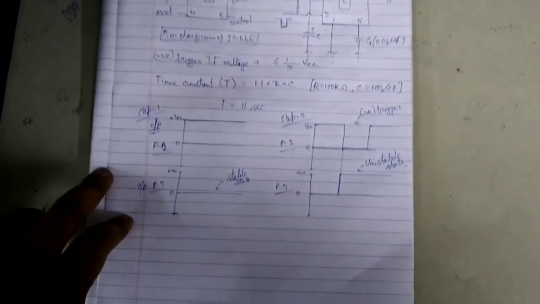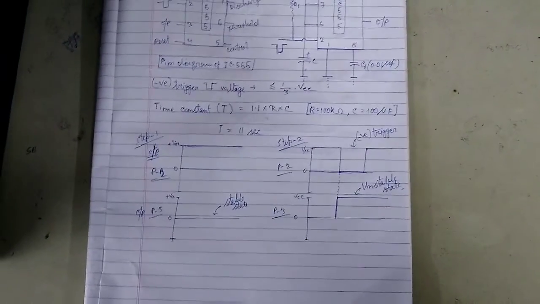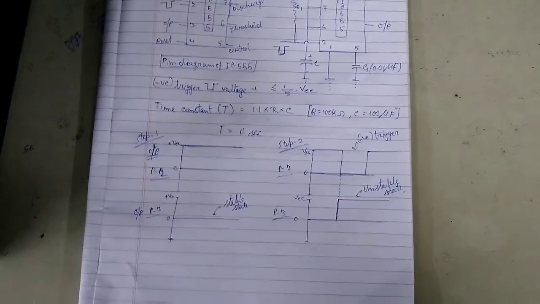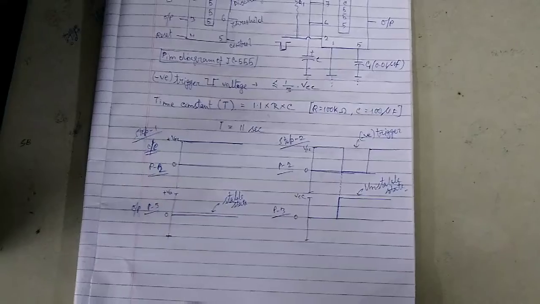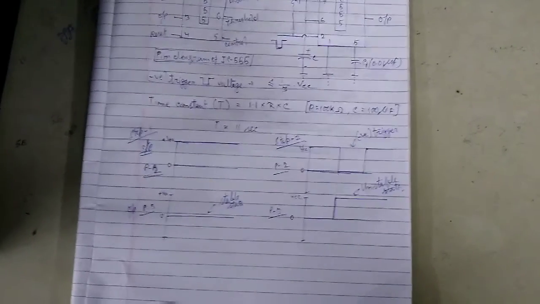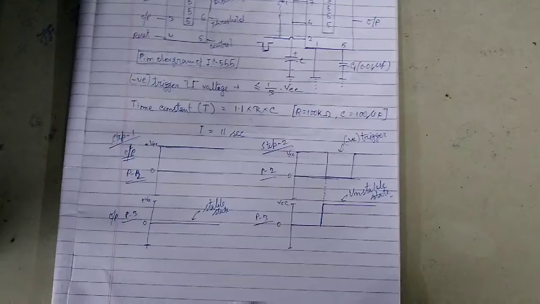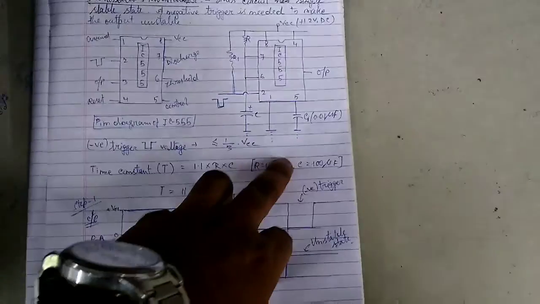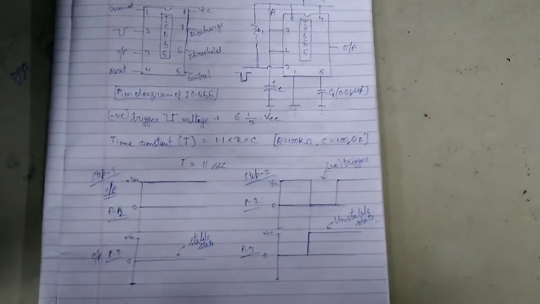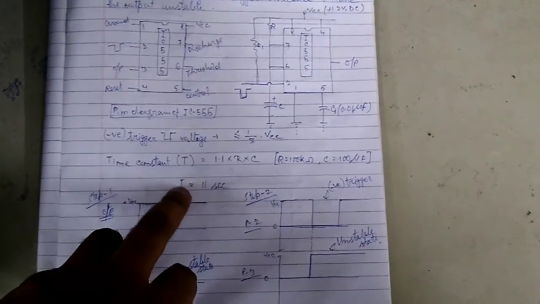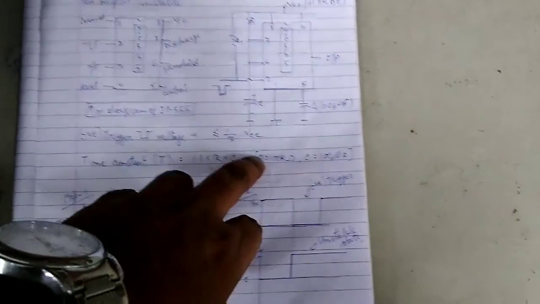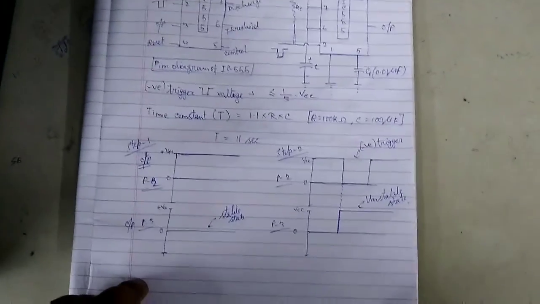That means the unstable state will remain for 11 seconds. That means the output of this circuit will remain unstable up to 11 seconds using these values of R and C. We can change the value of time constant by changing the value of R and C.